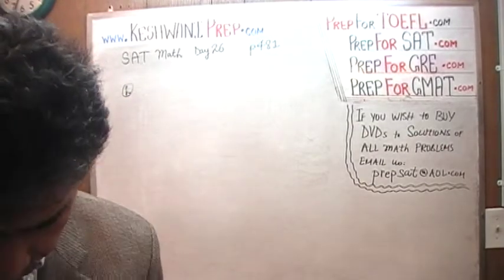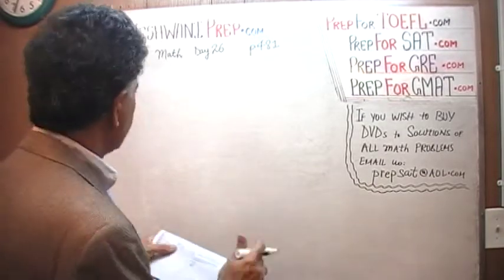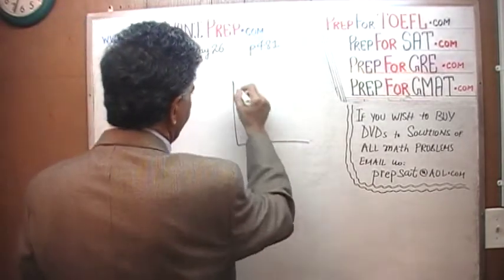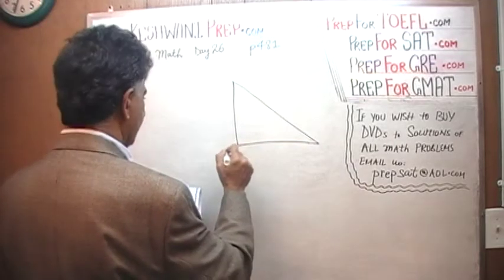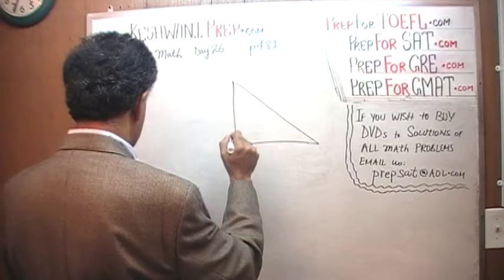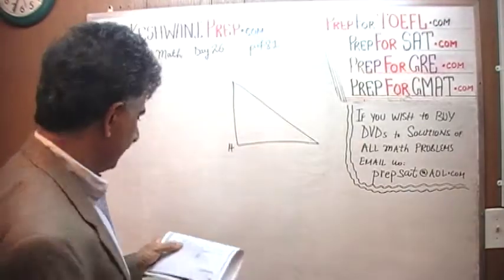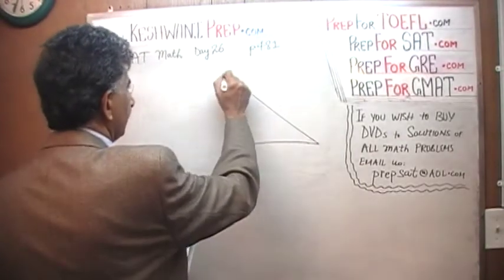In number 2 they give us a triangle. Let's take a look at triangle JHK.